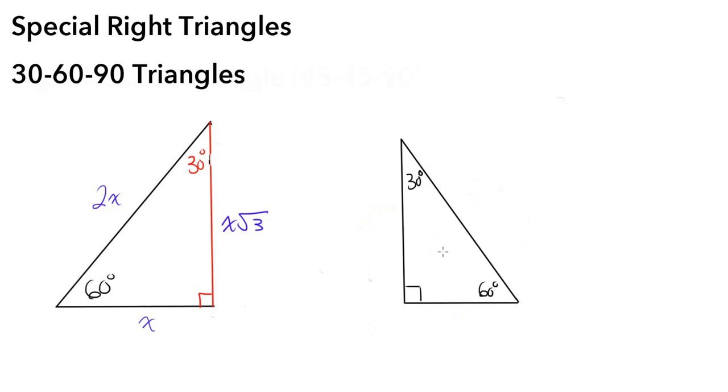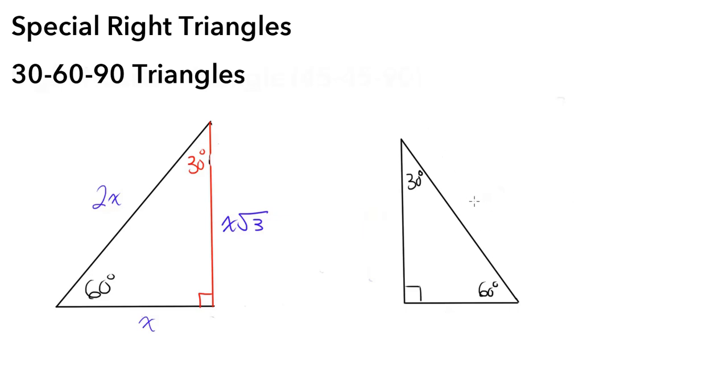Or if I know that the longer leg of a 30, 60, 90 triangle is 7 radical 3, then that means that the shorter leg is 7 and the hypotenuse is 14. And that's because the shorter leg is x, the longer leg is x times radical 3, and the hypotenuse is twice the shorter leg. So if the longer leg is 7 radical 3, then the shorter leg is 7, and the hypotenuse is 14.